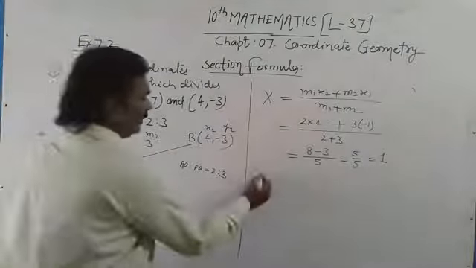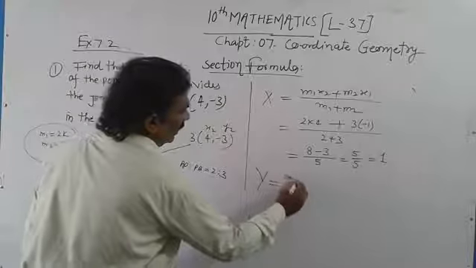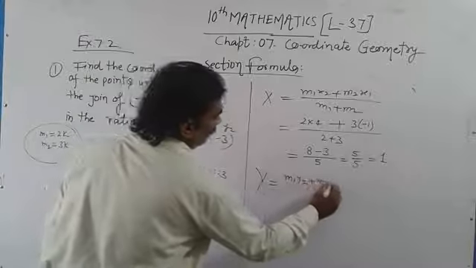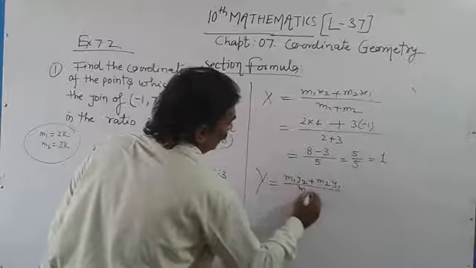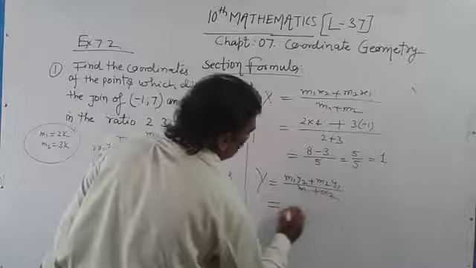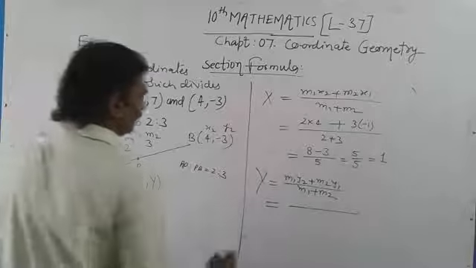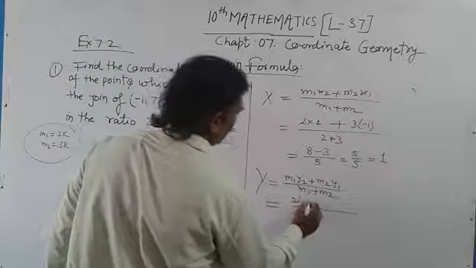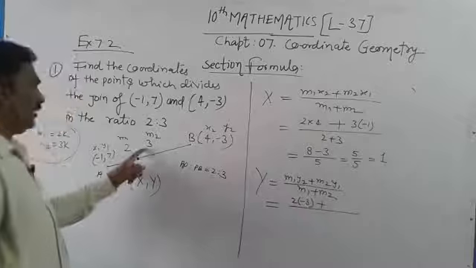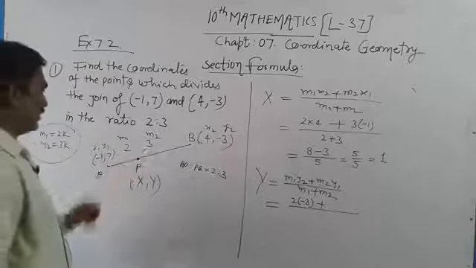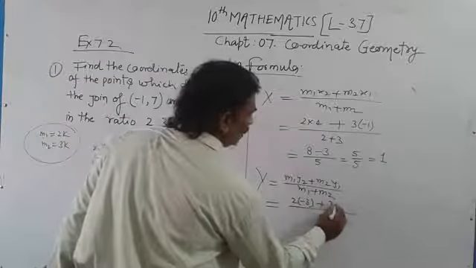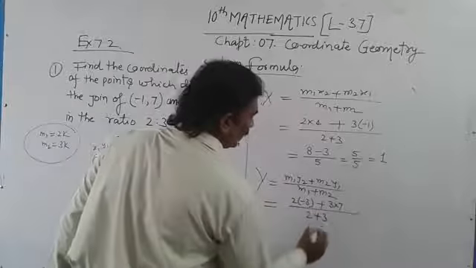Now capital Y, that is the ordinate formula: m1 y2 plus m2 y1 upon m1 plus m2. Putting the values, m1 is 2, y2 is -3, 2 into -3, plus m2 is 3, y1 is 7, 3 into 7, upon 2 plus 3.